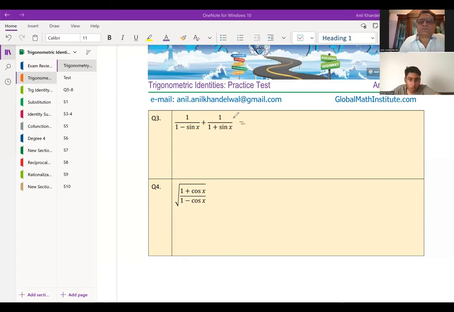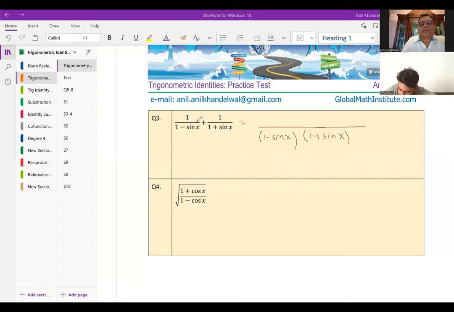We take a common denominator, just like when you add fractions. So the common denominator will be 1 minus sine x times 1 plus sine x, correct?